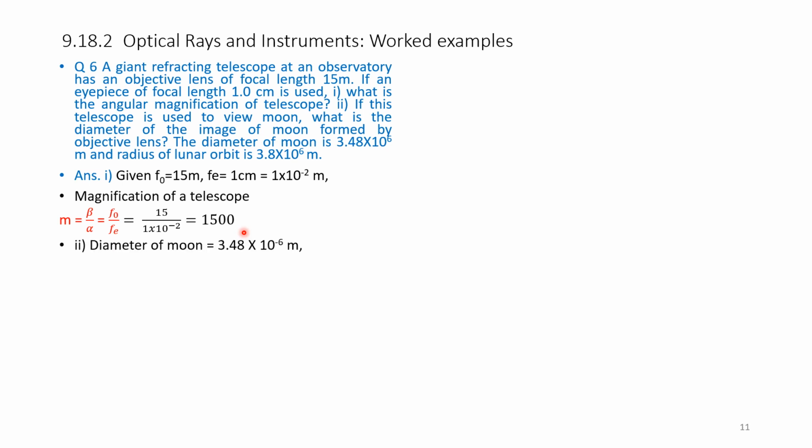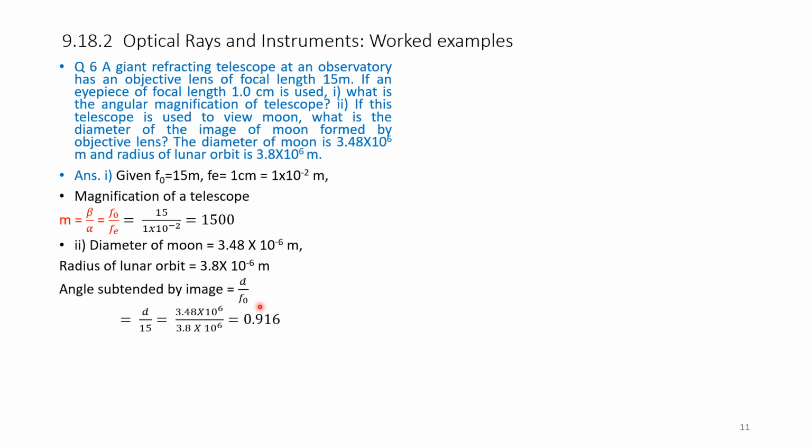Diameter of the moon is 3.48 into 10 to the power of 6 meter. Radius of lunar orbit is 3.8 into 10 to the power of 6 meter. Therefore, the angle subtended is equal to d by Fo, that is d by 15 meters, and this is also equal to the diameter of the moon divided by the radius of the orbit.